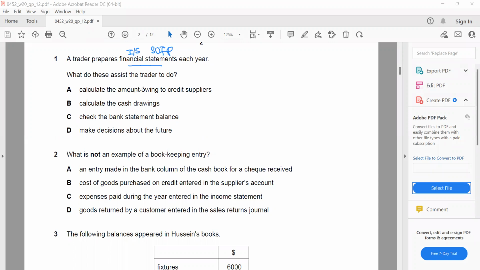Calculate the amount owed to credit suppliers? For that you go to the trade payables aging. Calculate the cash drawings? You can get that from your cash book. Check the bank statement balance? You can get this from the bank statement.